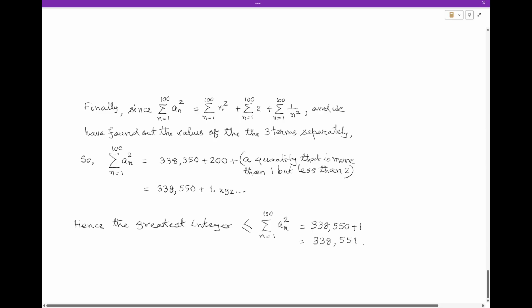Finally, since we have found out the value of the summation of an squared over the range of n varying from 1 to 100, it is equal to the summation of three separate terms, that is summation of n square, summation of 2, and summation of 1 by n square over the same range of the value of n, that is from 1 to 100, and we have already found out the values of these three terms separately.